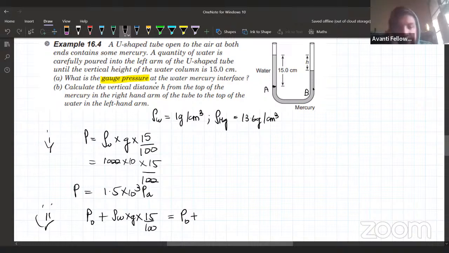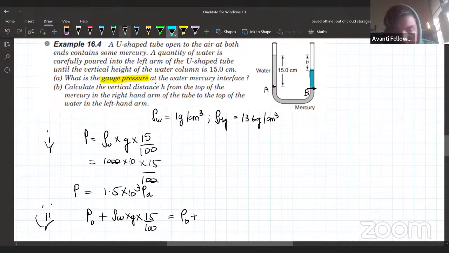Yeah, got it. So P naught at this point, we have to calculate the pressure, right? So P naught plus the pressure due to this mercury part. I'm shading it blue, that part, that will be equal to rho of mercury into g into this length. Can I say this length is 15 minus h, right? Just substitute all the values, you'll get your answer. P naught and P naught will get cancelled out.